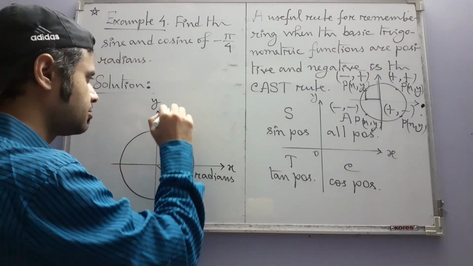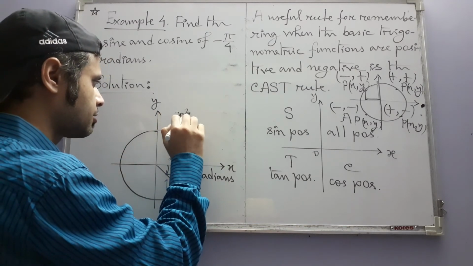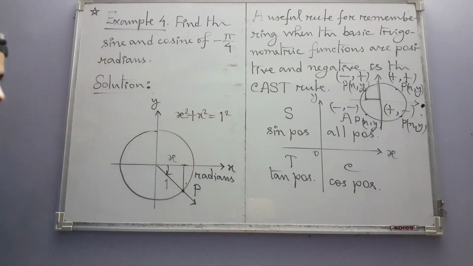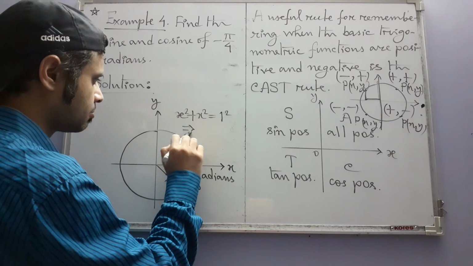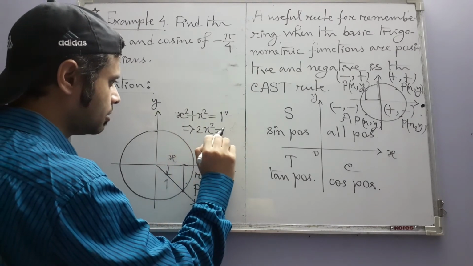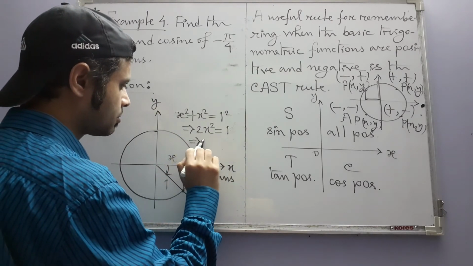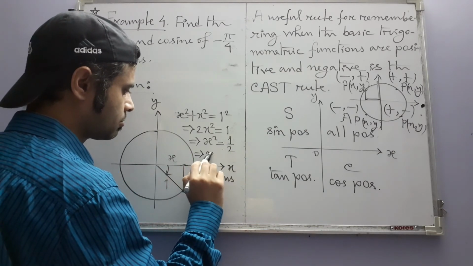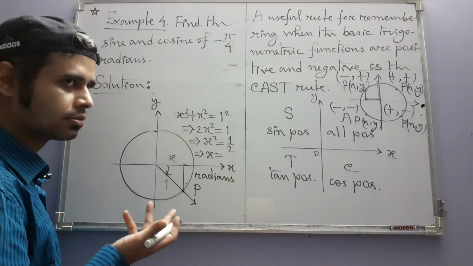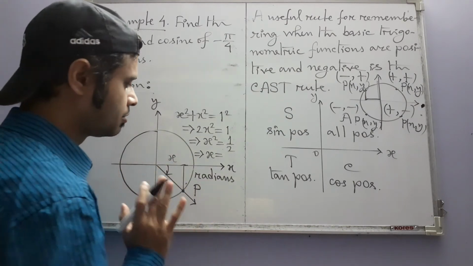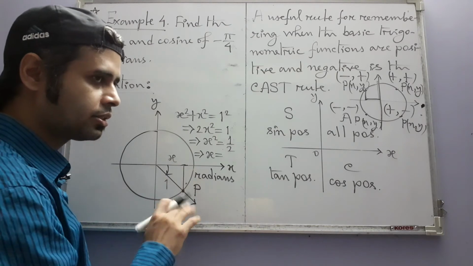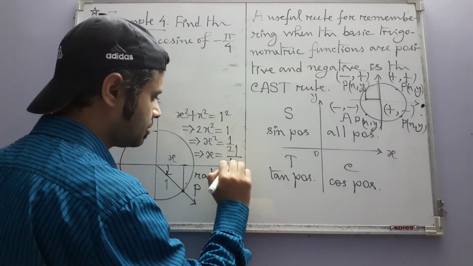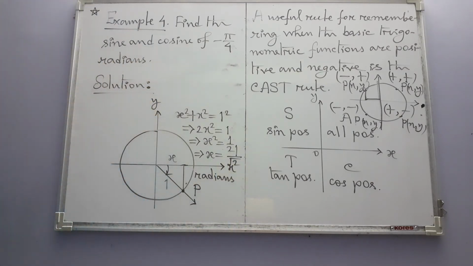So from Pythagoras theorem, x square plus x square is equal to hypotenuse square. So that means 2x square is 1. So x square is 1 over 2. So x is, because x is a length, we will come to the question of signs afterwards, so we are taking the positive square root, 1 over root 2.